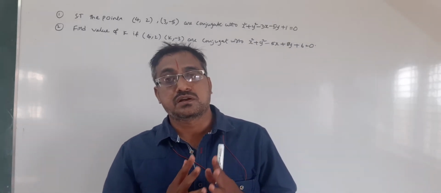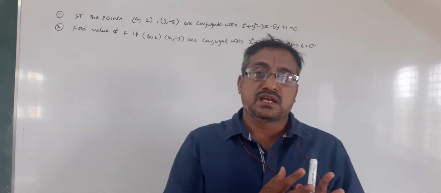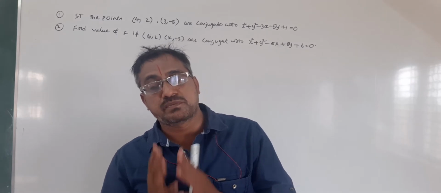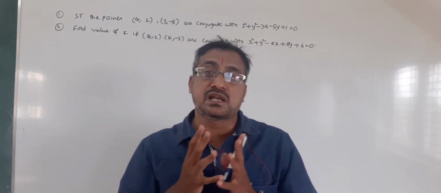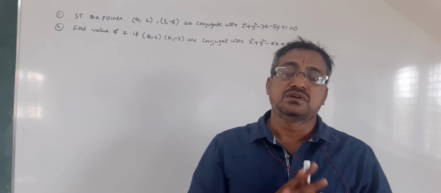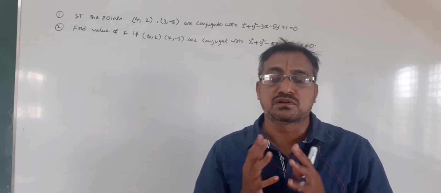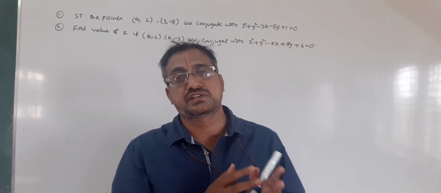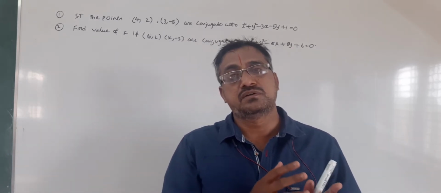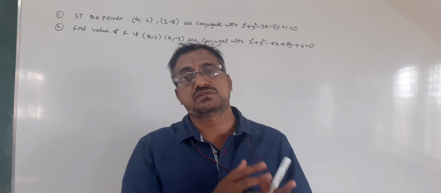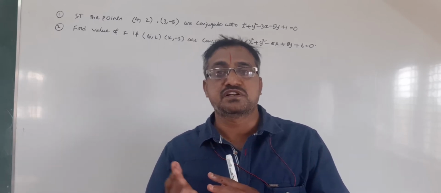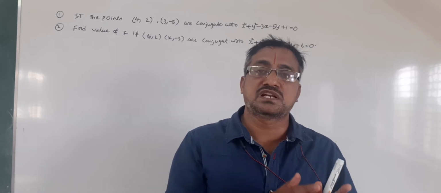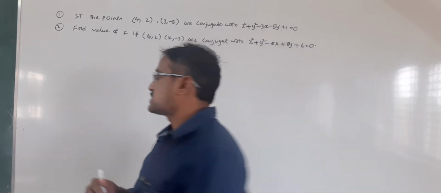We know that two points A(x1, y1) and B(x2, y2) are said to be conjugate with respect to the circle S = 0 if S12 = 0. So you have to consider S12, that is x1x2 + y1y2 + g(x1 + x2) + f(y1 + y2) + c. If that value is equal to 0, then we say that they are conjugate points.